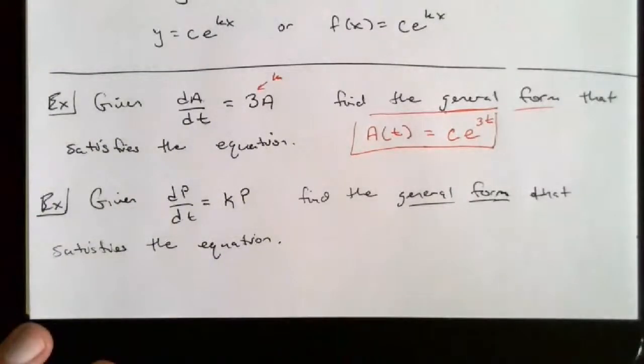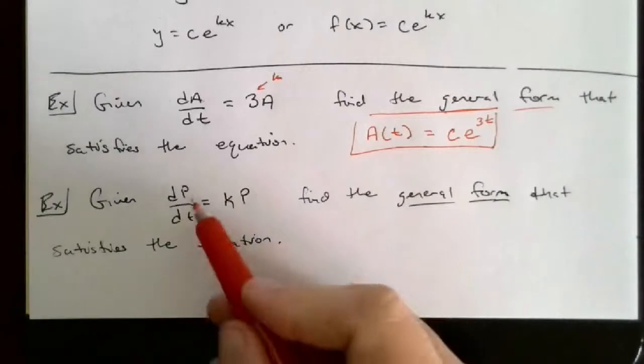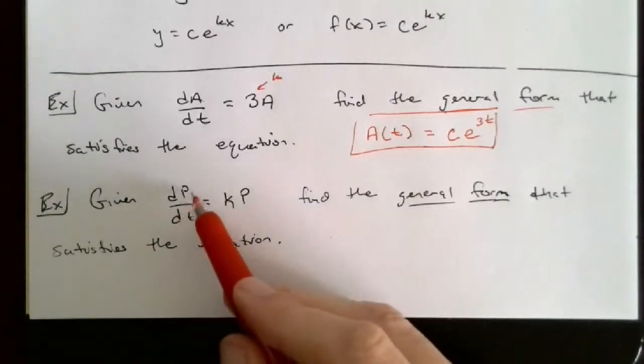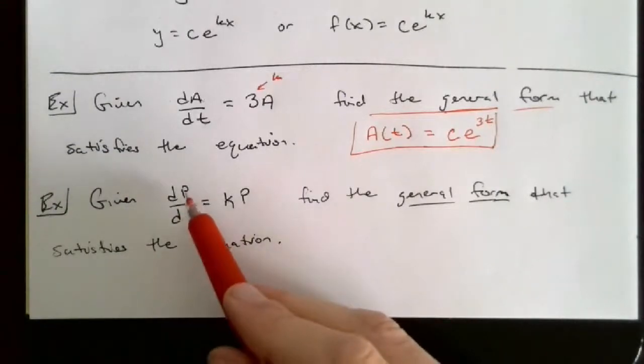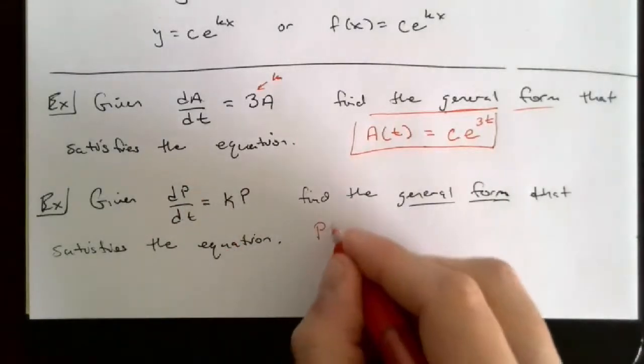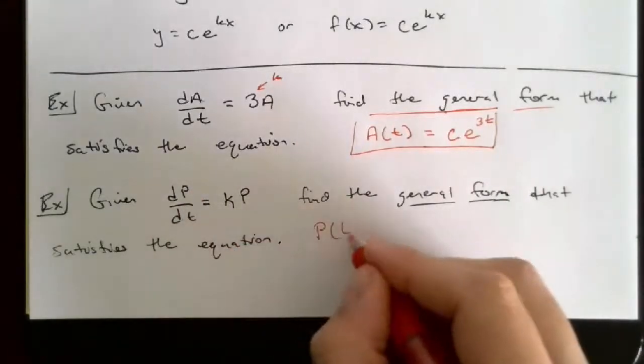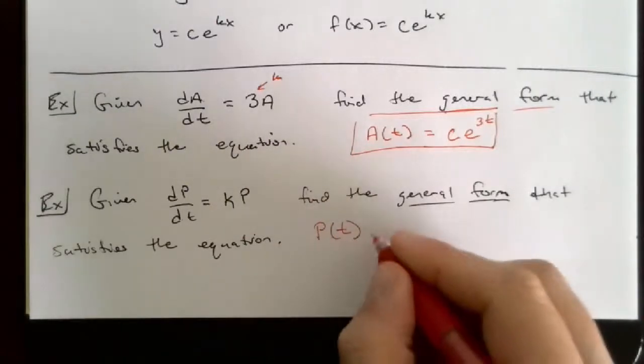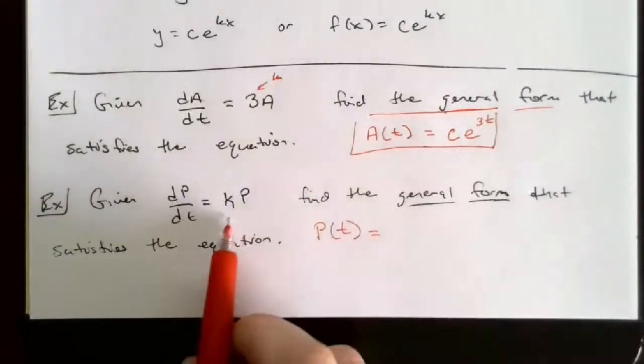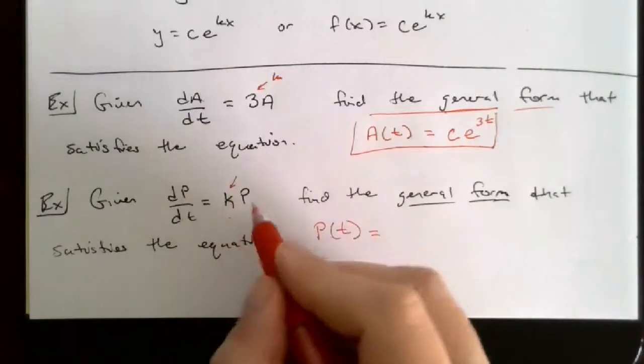Well, what's the name of our y value? What's the name of our function, in other words? It's whatever's in the top part of the derivative, the derivative of p with respect to t. So the name of the function is p. It's p of what variable? Well, t is like our x value, so it's p of t is equal to, because we have k times p, this is our k.